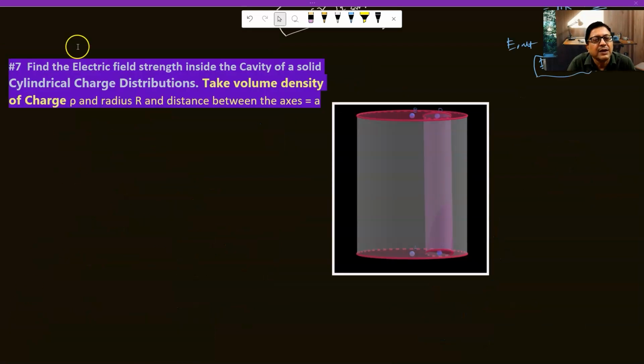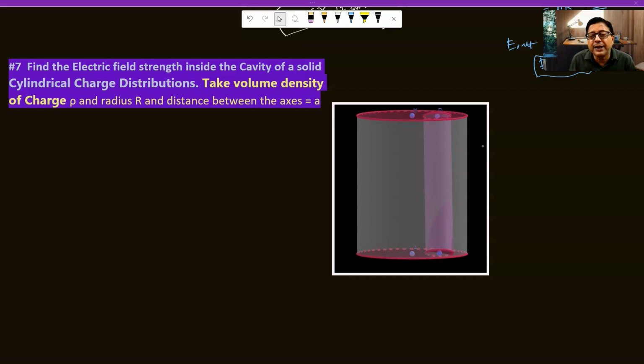Clear? See this problem: electric field strength inside the cavity. I have taken this 3-dimensional diagram for you. Where is the cavity? Try to understand. The cavity is actually this pink portion. This is the whole cylinder. There is a cavity.